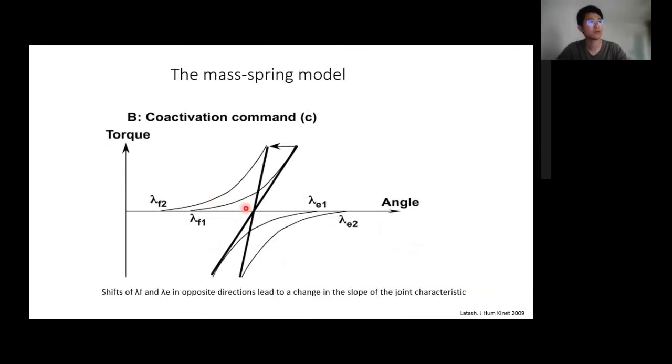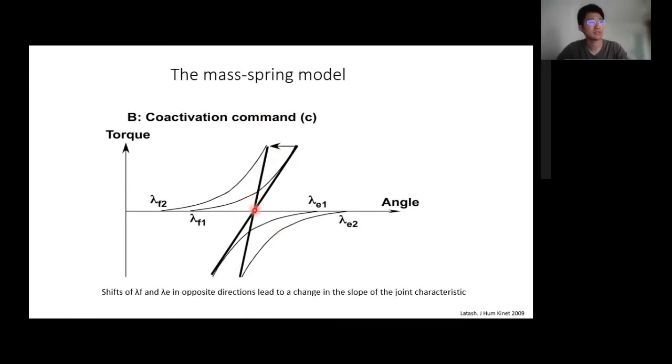If we plot the sum of the flexor torque and extensor torque, we see that when the distance between the two resting lengths is increased, so the resting lengths are shifted in the opposite direction, this sum will have a larger slope.